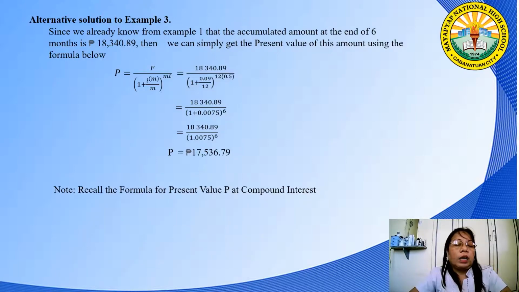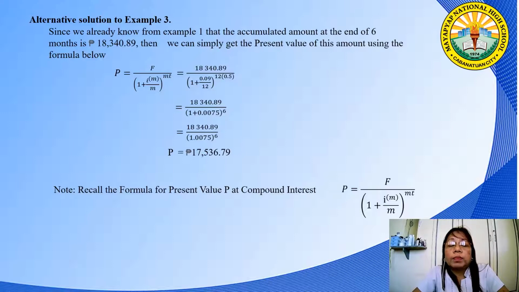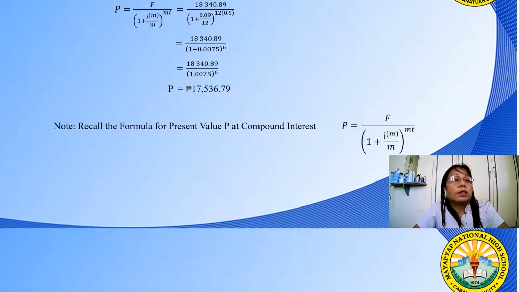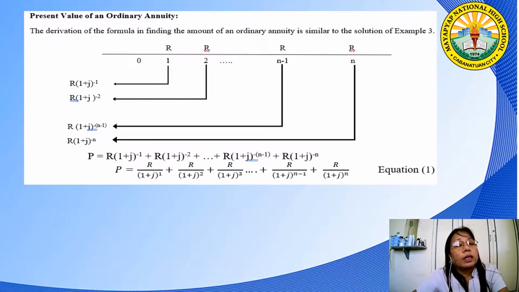So this formula is already derived from the formula for present value at compound interest, that P is equal to F over (1 plus i over m) raised to mt. And if you want to study how to get the formula for the present value of an ordinary annuity, the derivation is similar to the solution of example 3.